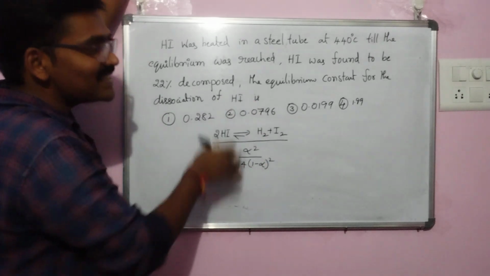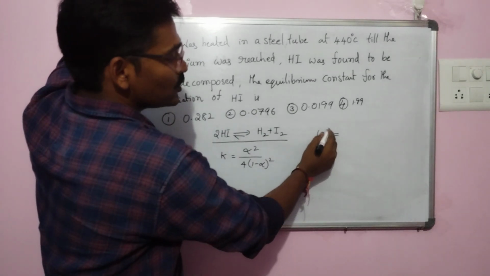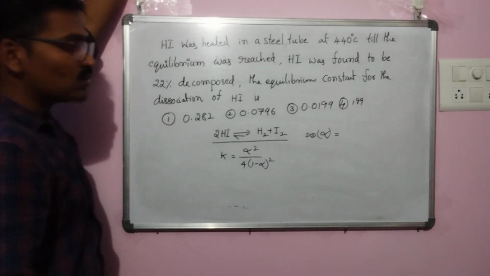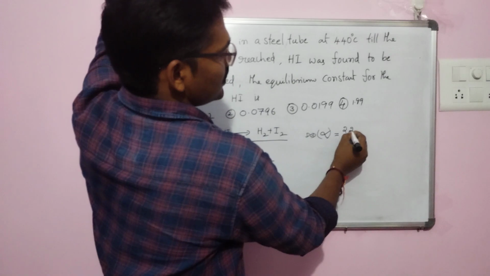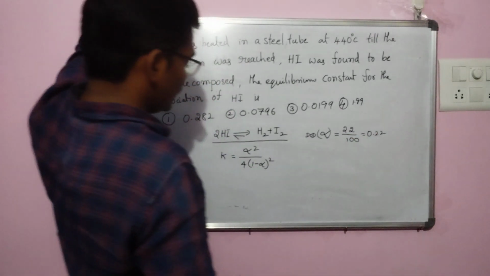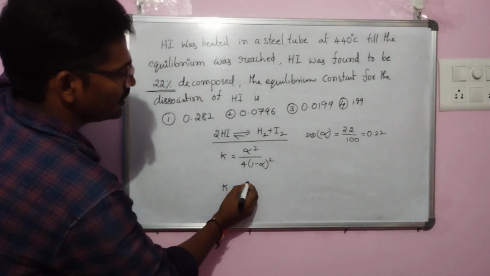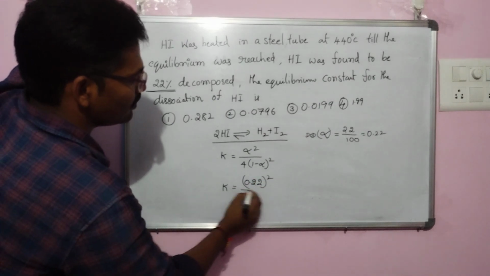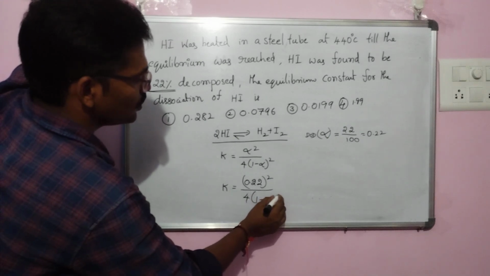Alpha is the degree of dissociation. 22% is dissociated, so 22 divided by 100 gives 0.22. Substituting, K equals 0.22 whole square divided by 4 into (1 minus 0.22) whole square.